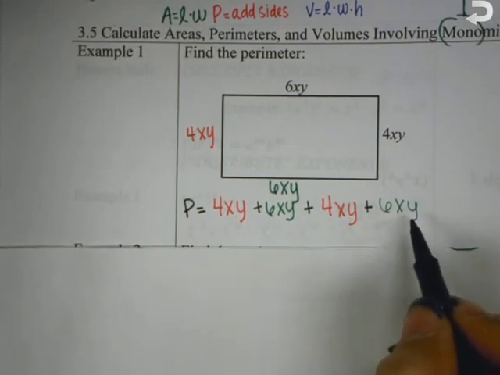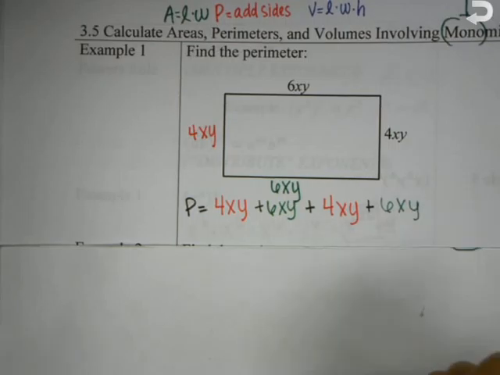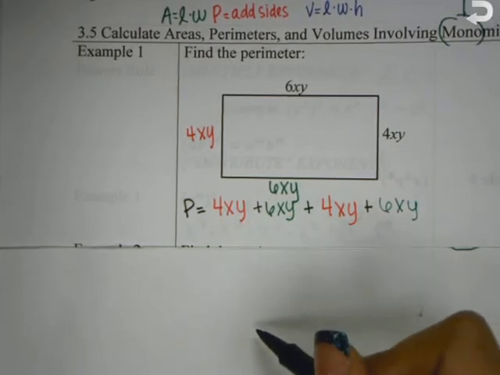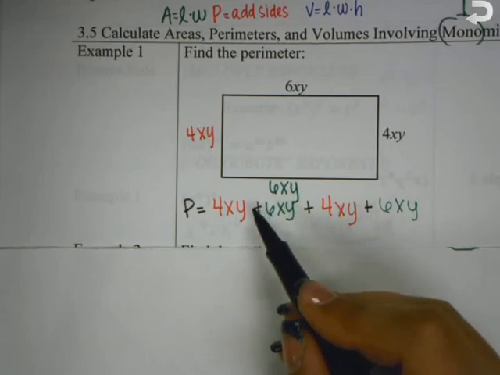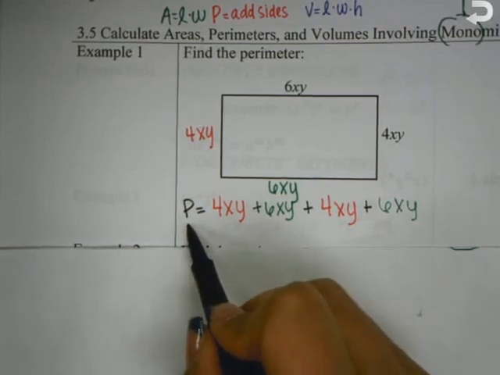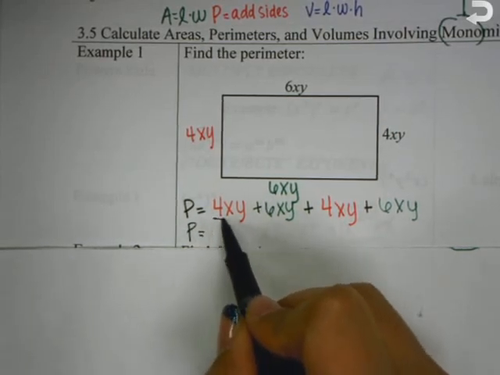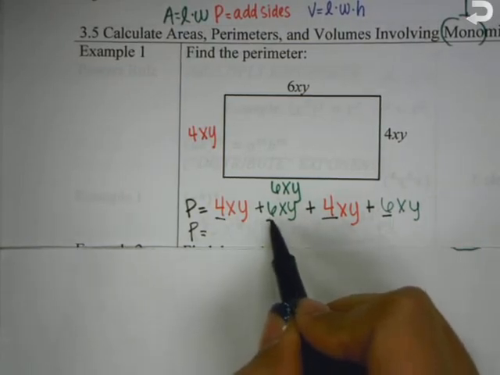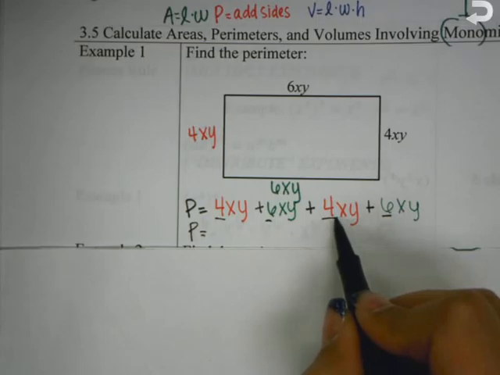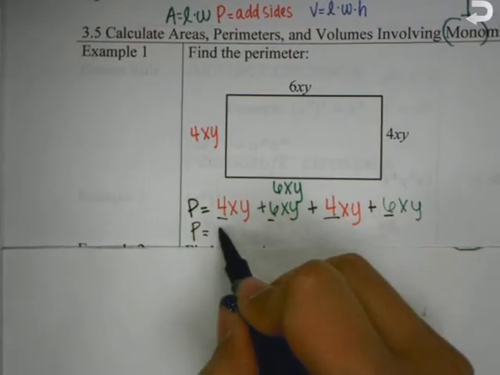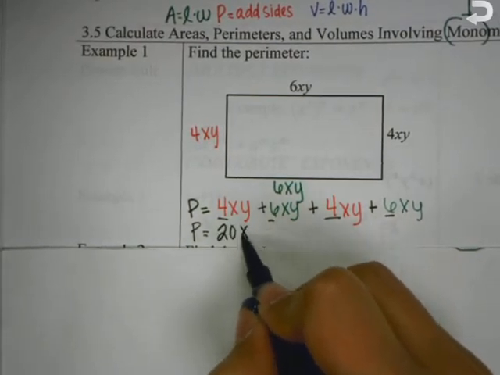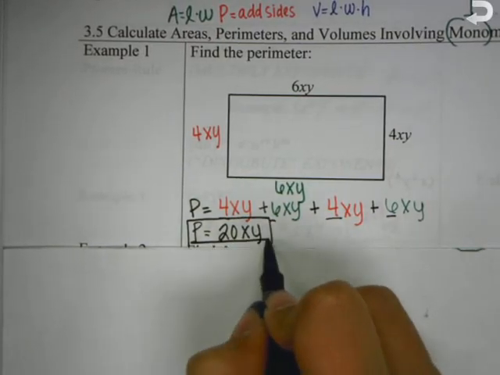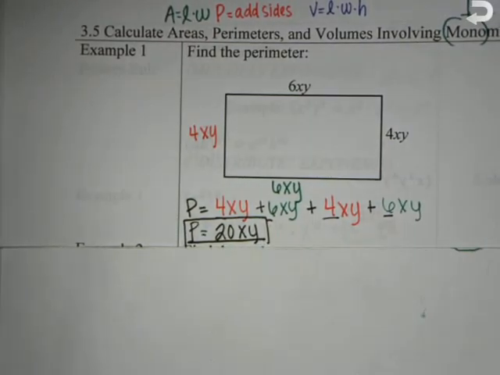Because the variables are the same and they have the same exponents, right? So all we do is add up the coefficients. 4 plus 6 gives me 10 plus 4, 14 plus 6, 20xy. That's my answer. All I'm doing is combining like terms, adding up all the sides.